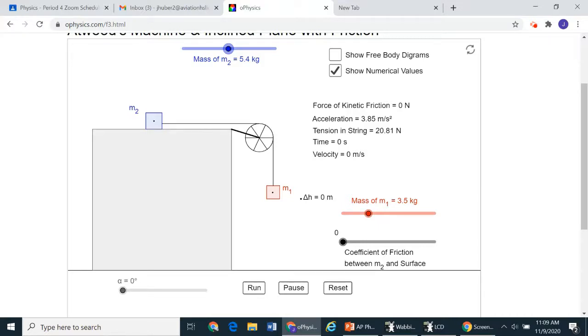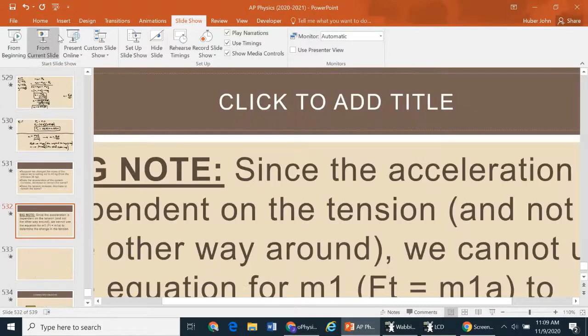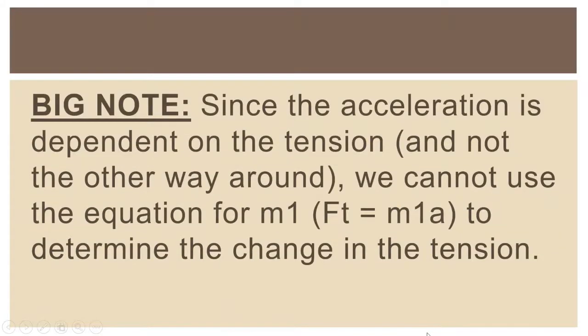And so what we want to say here, again, is that since the acceleration is dependent on the tension, and not the other way around, we can't use the equation Ft equals m1a to determine the change in tension when the mass on the table changes.